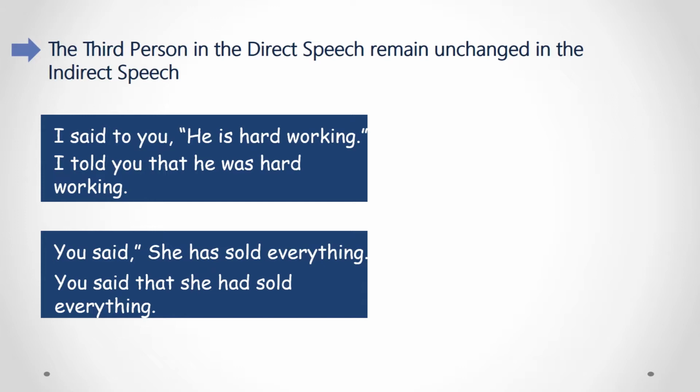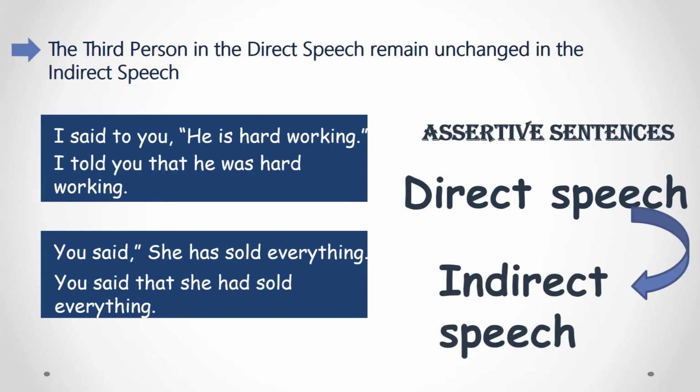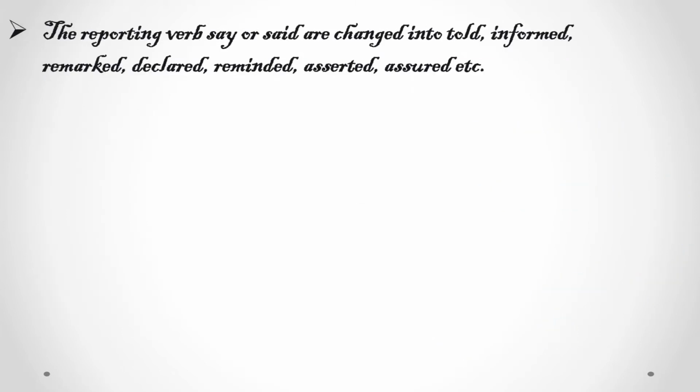Moving further, next one is assertive sentences in reported speech. Let's have a look at some of the points to be kept in mind while converting direct speech into indirect speech. The reporting verbs say or said are changed into told, informed, remarked, declared, reminded, asserted, assured, etc. When say or said are not followed by a noun or pronoun, it is not changed into tell or told.